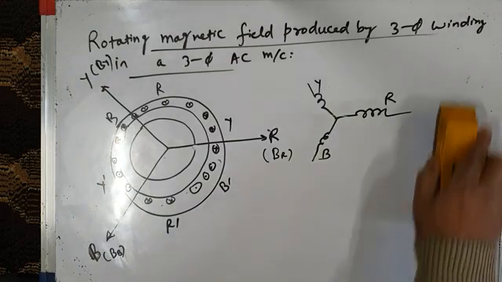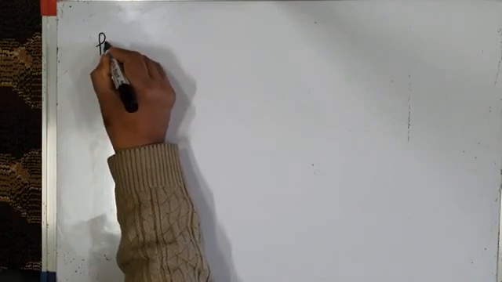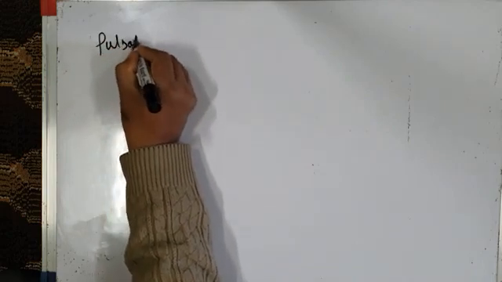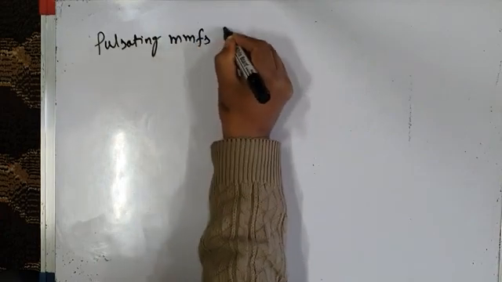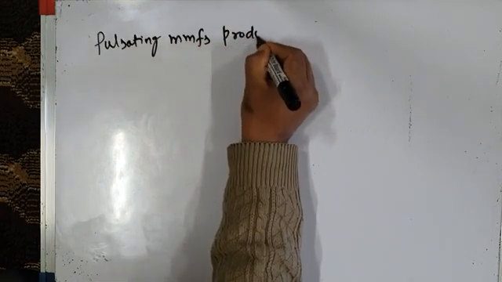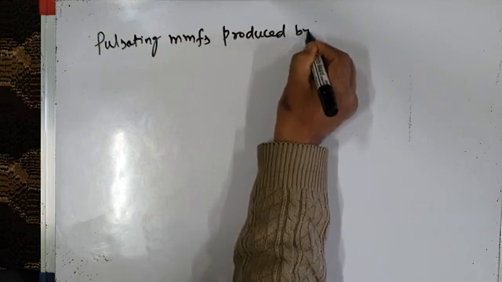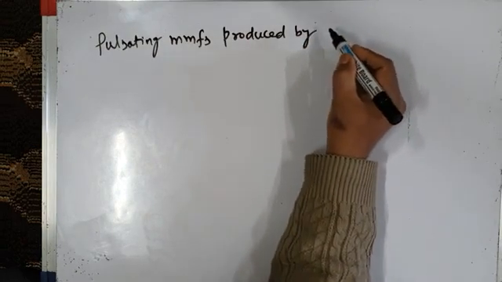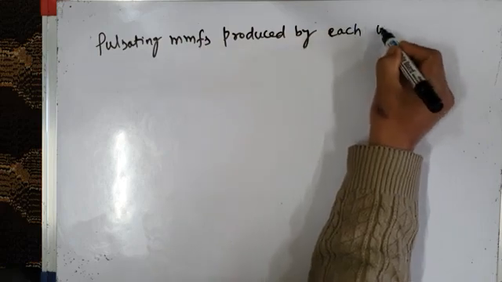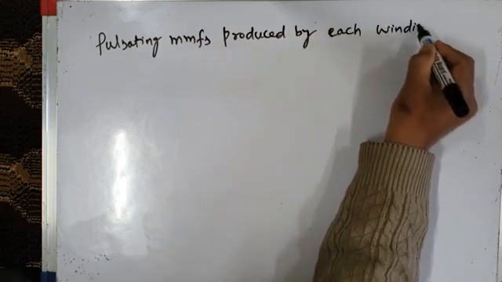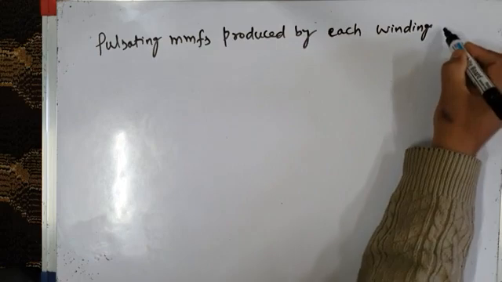Let us write equations for those pulsating magnetic fields, or pulsating MMFs, produced by each winding, that's R phase winding, Y phase winding, and B phase winding.